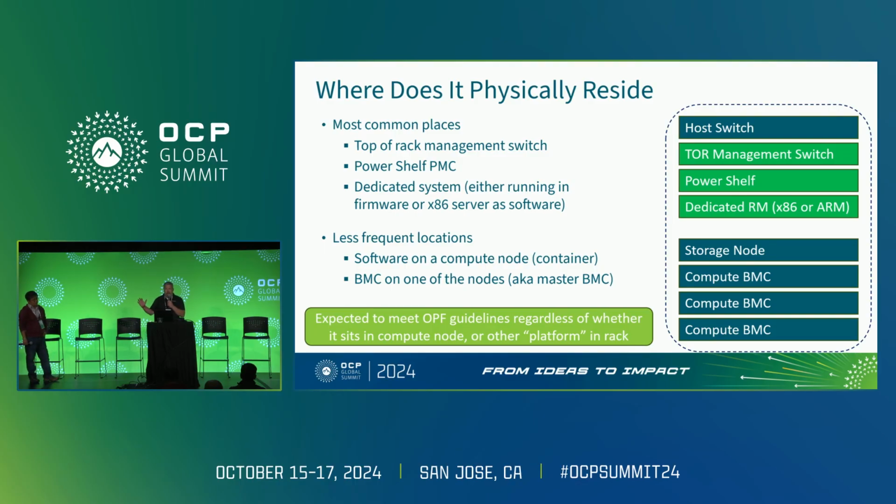But what we're seeing again with AI is more and more need for a dedicated rack manager. And in fact, you almost move from firmware, where you might be just running this on a dual core ARM, to needing an x86 or a higher end ARM server to run all this in. So there's lots of different places.